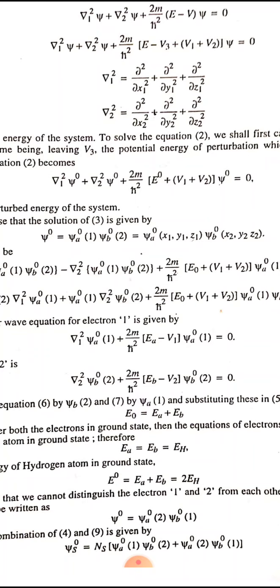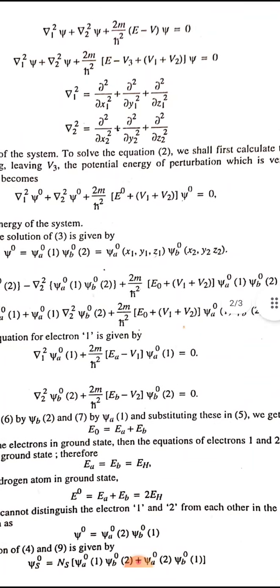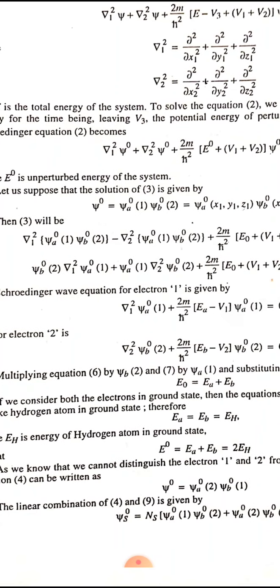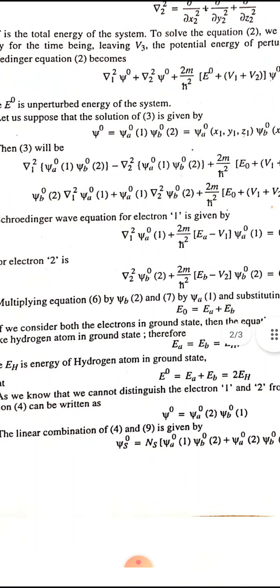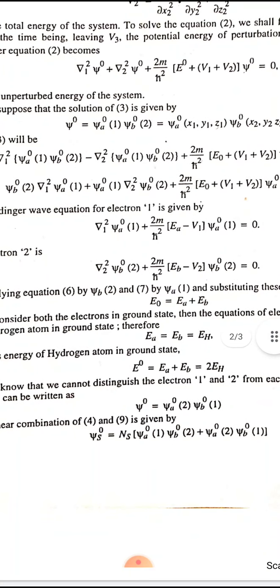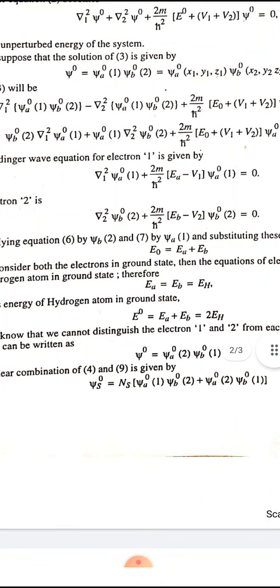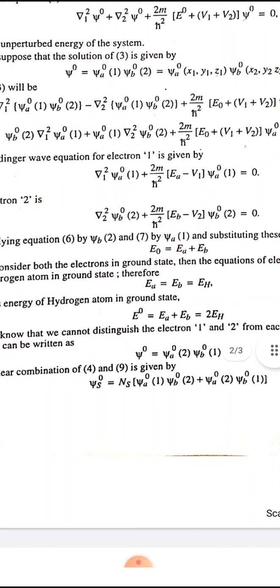Leaving the potential energy of the perturbation, which is very small, the Schrodinger equation becomes del1 squared psi0 plus del2 squared psi0 plus 2m by h cross squared (E0 plus B1 plus B2) psi0 equals 0. Here we are determining the unperturbed energy, where E0 is the unperturbed energy of the system, and psi0 is equal to psiA0 of 1 times psiB0 of 2, which can be written as psiA0(x1, y1, z1) psiB0(x2, y2, z2).